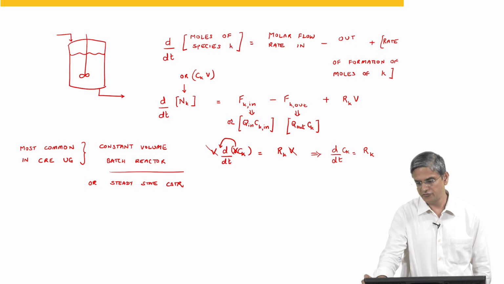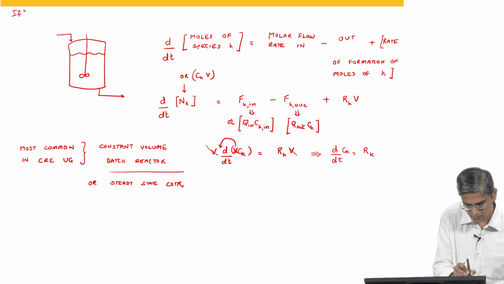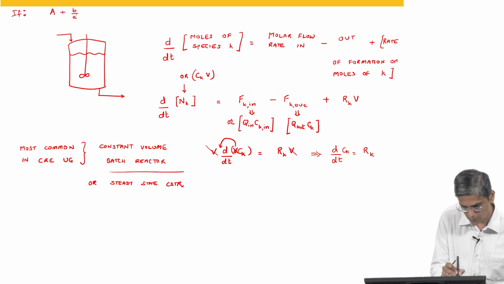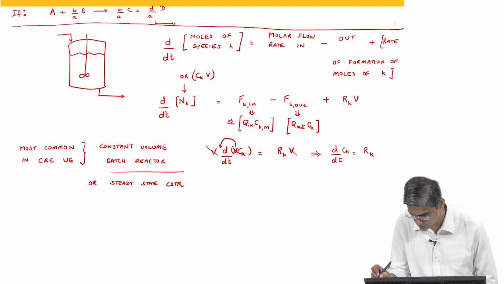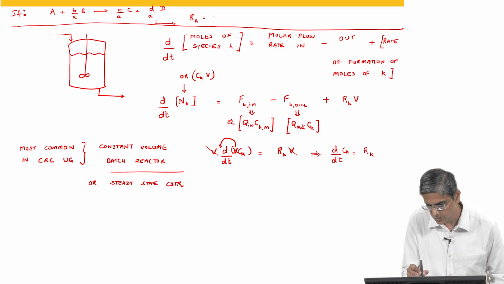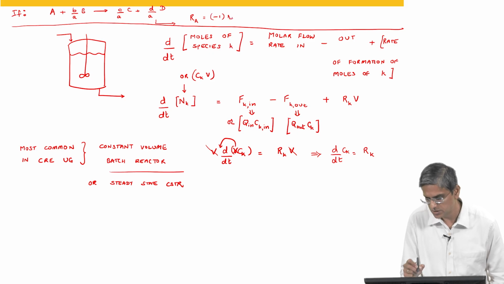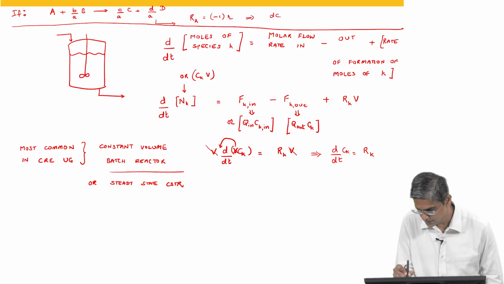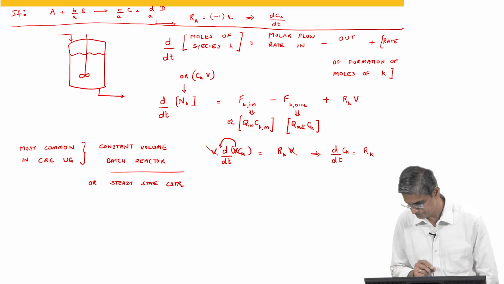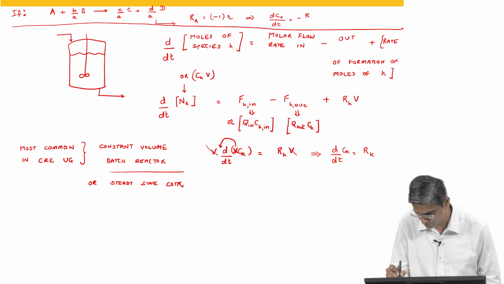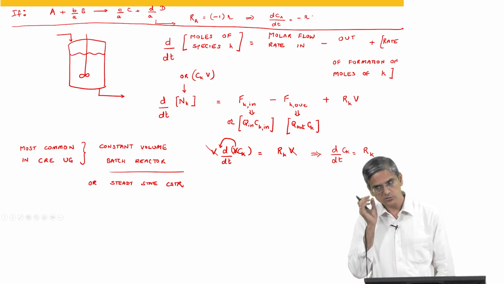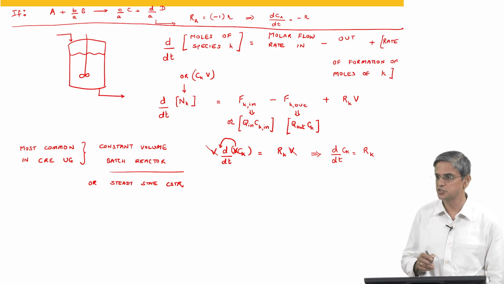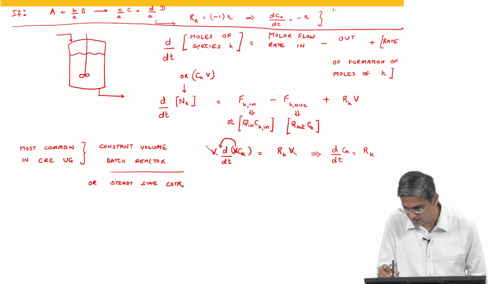Okay. So, if the reaction was such that Rk or Ra was just going to be minus 1 multiplied by R, then you will get dCa by dt equal to minus R. So, that is what we used as a definition of rate of reaction, and this is where the IUPAC definition came in.